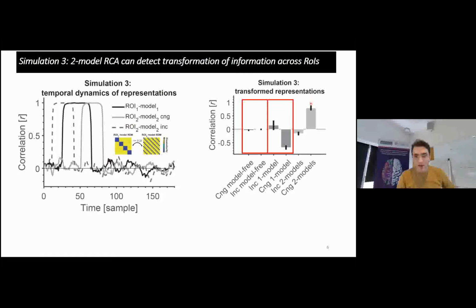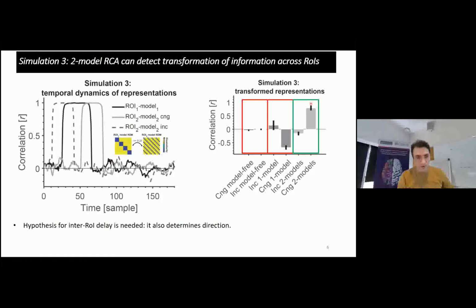And with one model RCA, you still cannot pick up the information, because one model does not allow the transformation to be picked up. But interestingly, if you have two models for the two regions, and you have clear hypotheses for the delay, you might be able to pick up that kind of transformation of information from one area to another.